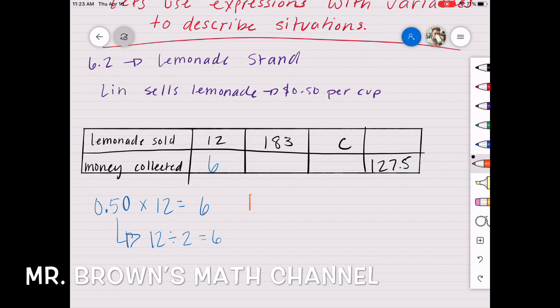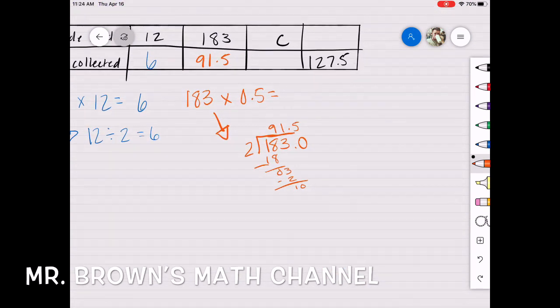Now, moving on to 183 cups of lemonade, which is what she sold. We could say 183 times 0.5, however, since it is a bigger number, it would be wiser to say 183 divided by 2. So 2 goes into 18 nine times, and then it goes into 3 one time, and then we have our remainder of 1, so we put our decimal and drop down that 0, and 2 goes into 10 5 times.